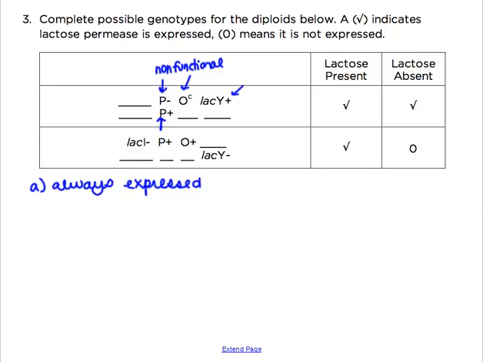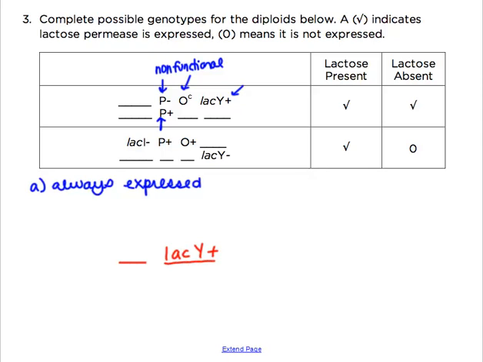So the blank on the second copy must mean that you have a functional LacY gene again, because that is the one with the normal promoter. So you definitely need to have wild-type LacY. So we'll draw that as LacY plus. So that is one blank.